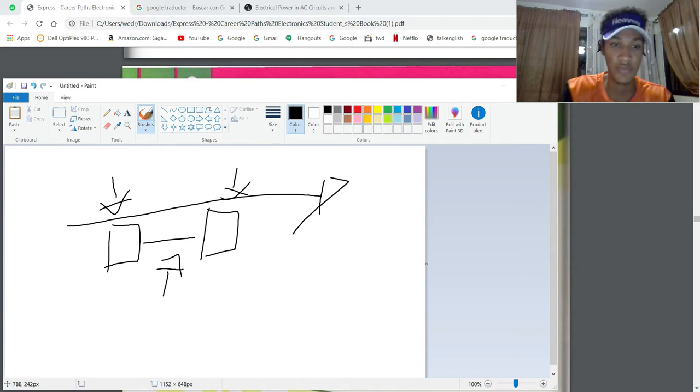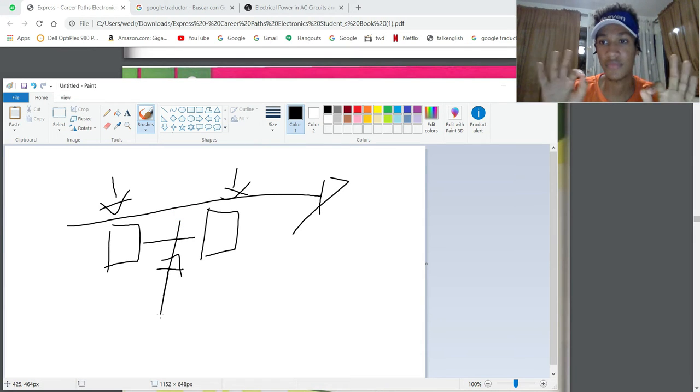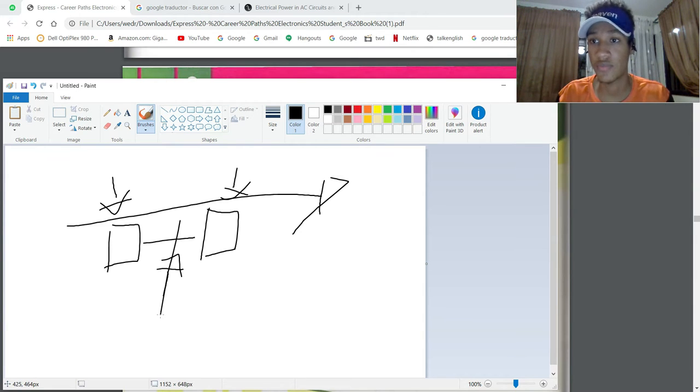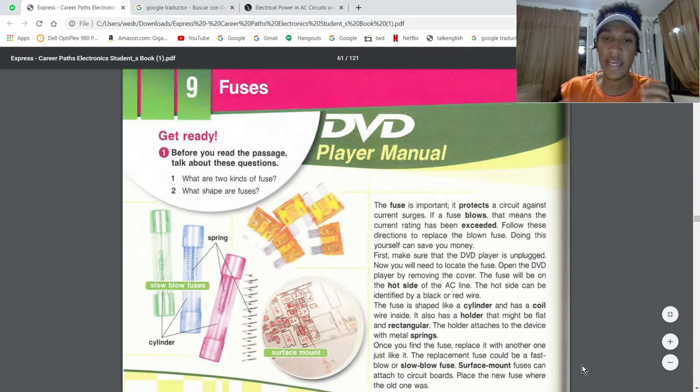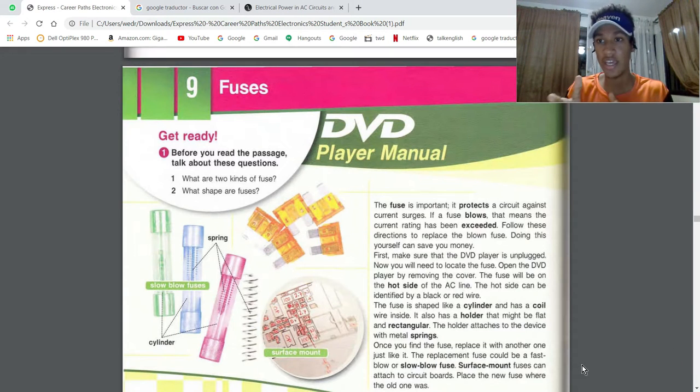Good. So when the circuit is off, you protect the circuit, because the current or the voltage does not burn the whole circuit, because the fuse is broken.